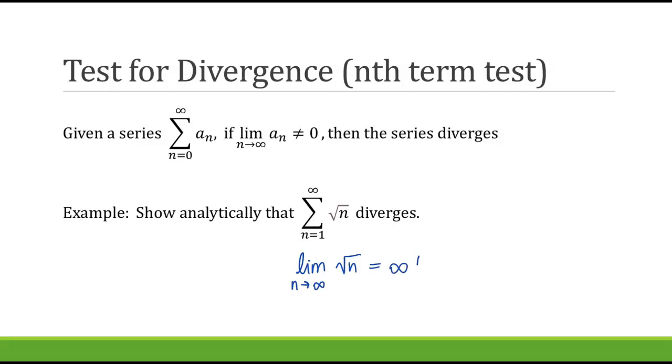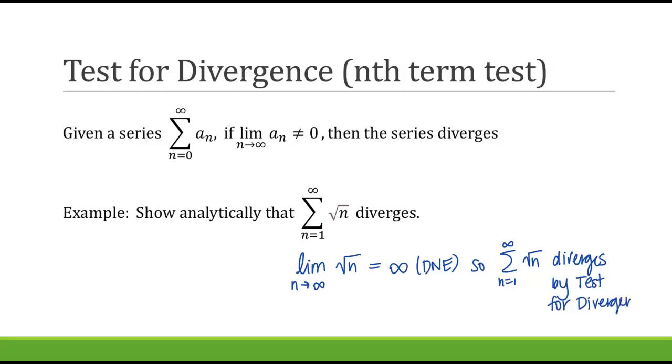And that limit technically does not exist, so it's definitely not 0. In that case, we're using this test for divergence. So the limit as n approaches infinity of the general term square root of n equals infinity, which doesn't exist. Since that's not equal to 0, we can say the sum of n equals 1 to infinity of the square root of n diverges by the test for divergence.